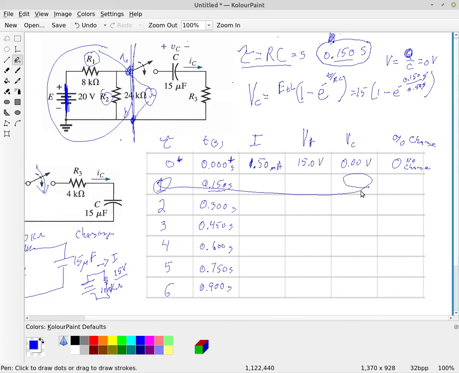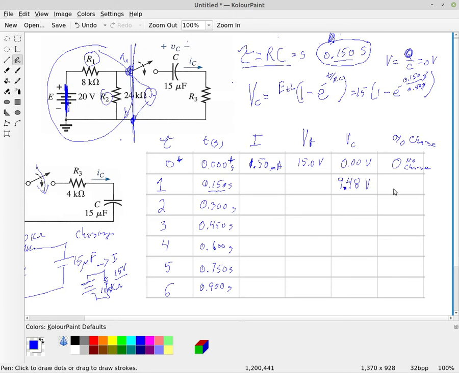Alright, and if you calculate this, I'm doing the first time constant, and my voltage across the capacitor at that time will be 9.48 volts.